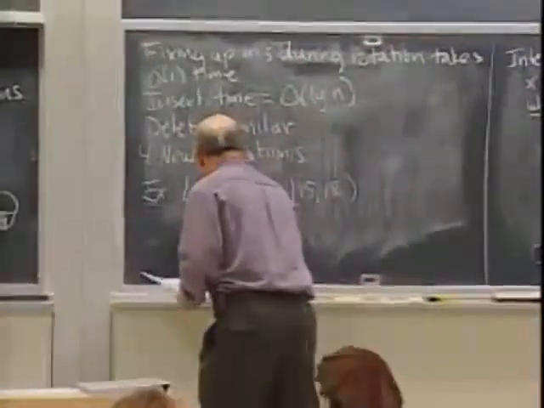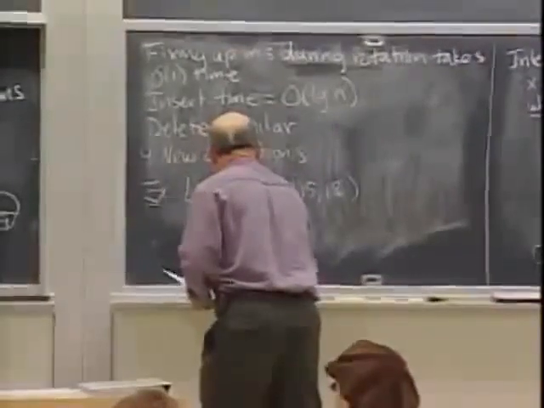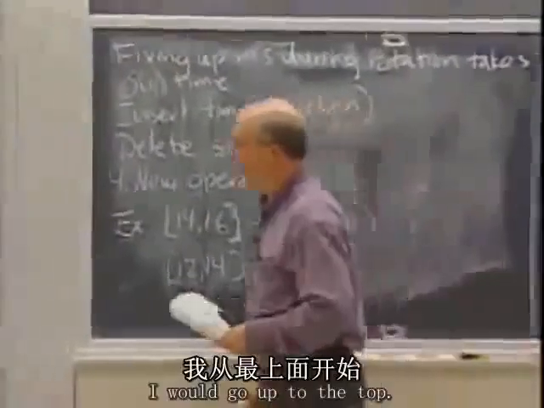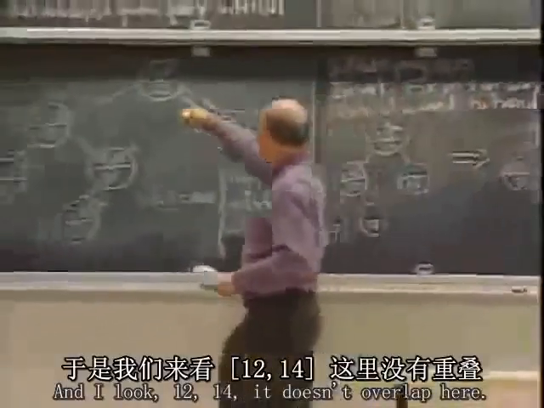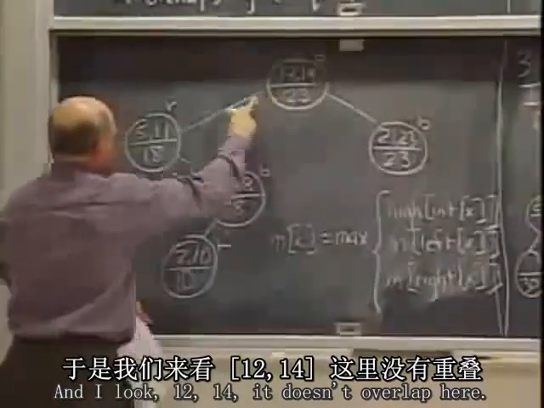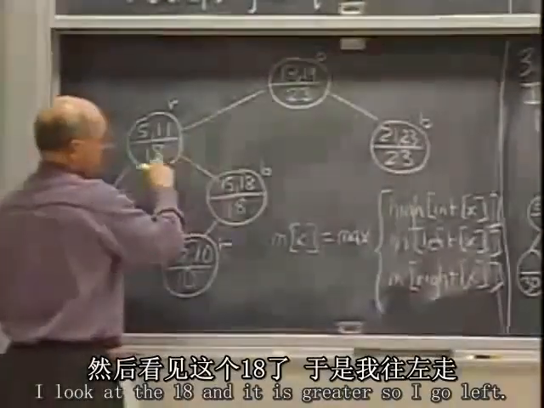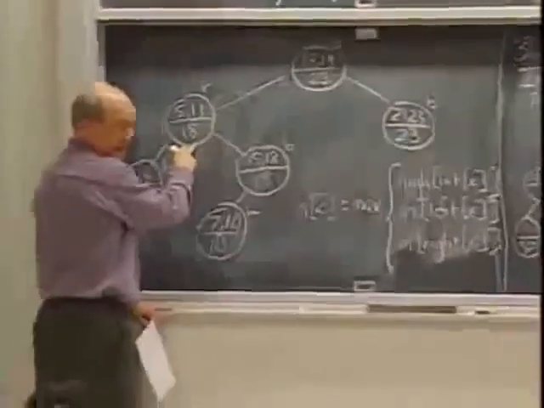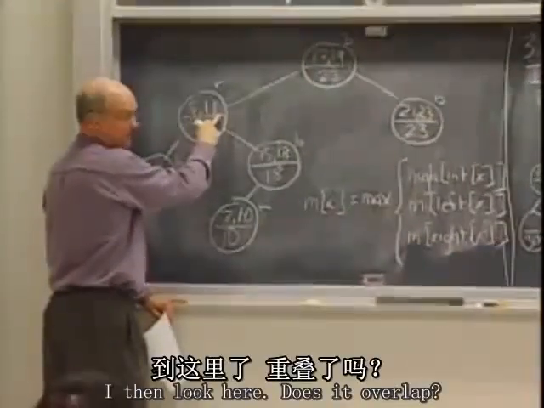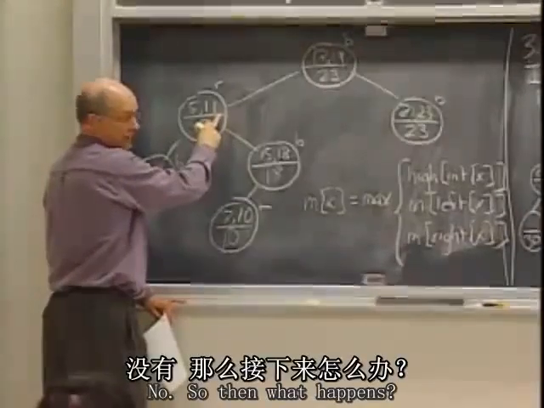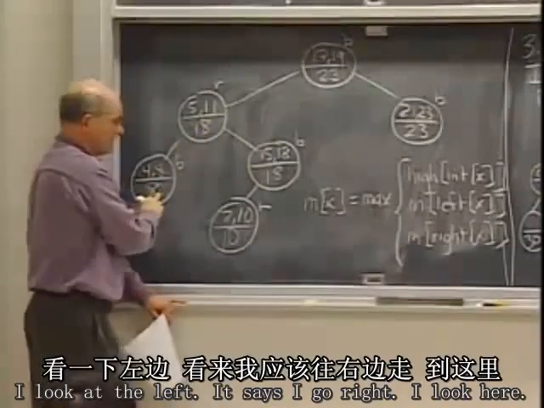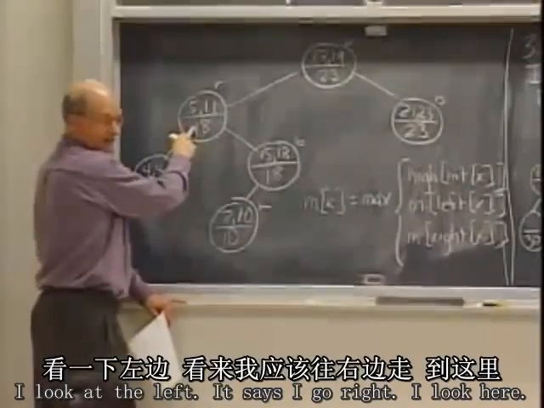If I were searching for 12, 14, I go up to the top and I look. 12, 14 doesn't overlap here. I look at the 18, and it's greater, so I go left. Does it overlap? No. I look at the left, it says I go right.